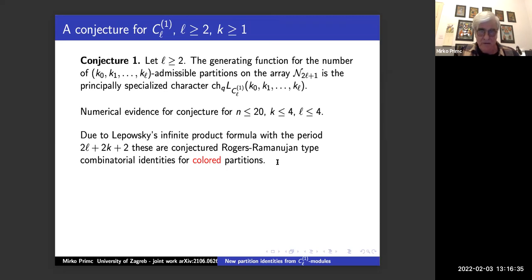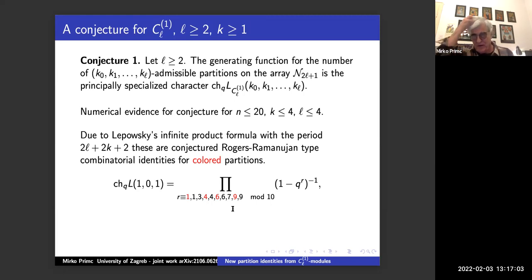But when we calculate this Lepowsky infinite product formula, say this is level 2, the sum is 2, L is also 2. So this is 2L, this is 4, and 2K, this is 4, and plus this 2 is 10. These are partitions with parts satisfying a congruence condition modulo 10, but then say 1 appears in 2 colors.